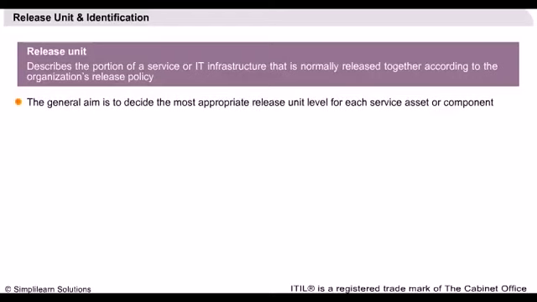The general aim is to decide the most appropriate release unit level for each service asset or component. An organization may, for example, decide that the release unit for business-critical applications is the complete application in order to ensure that testing is comprehensive. The same organization may decide that a more appropriate release unit for a website is at the page level.